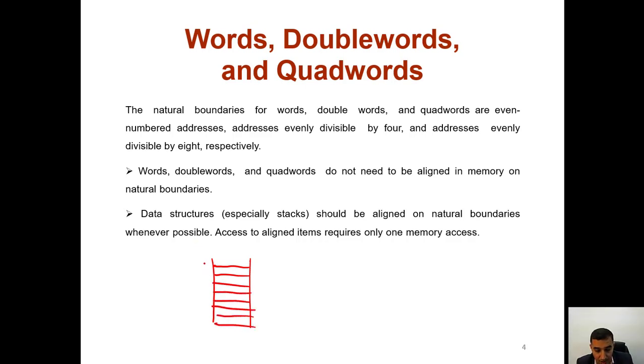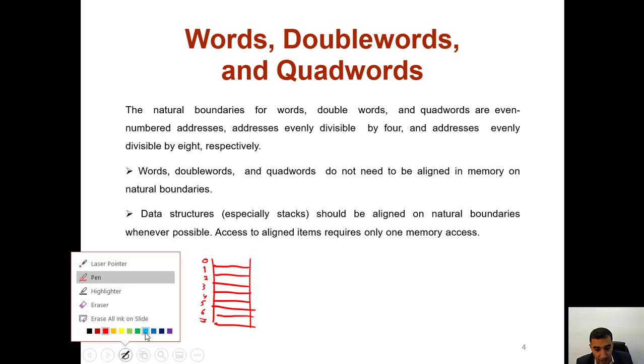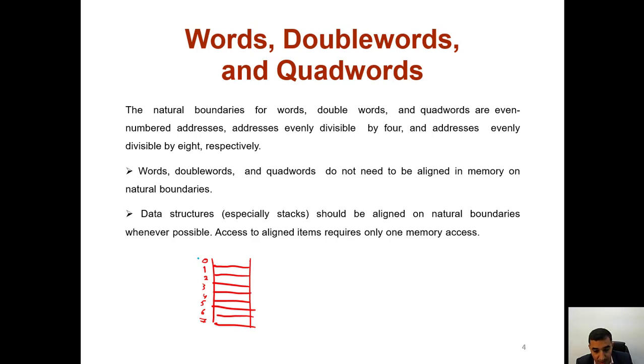So let's say the addresses are 0, 1, 2, 3, 4, 5, 6, 7. If I'm using word, then my addresses will start at 0, then at 2, then at 4, then at 6. So my addresses are even numbered addresses.